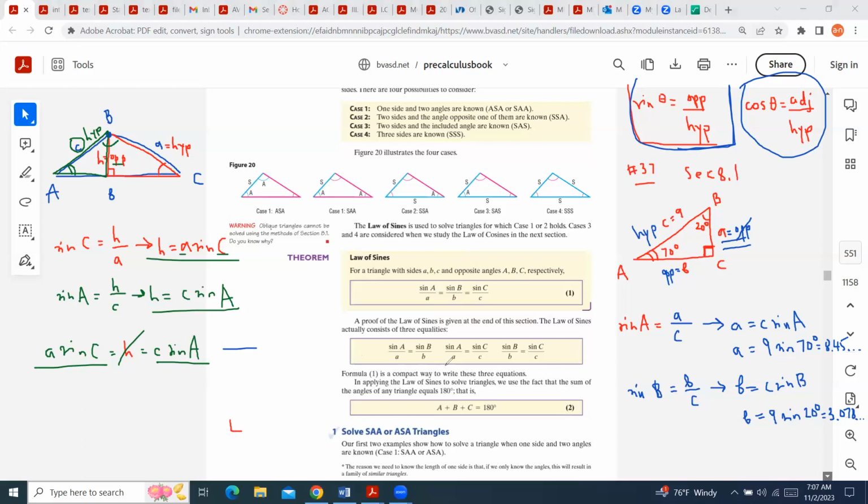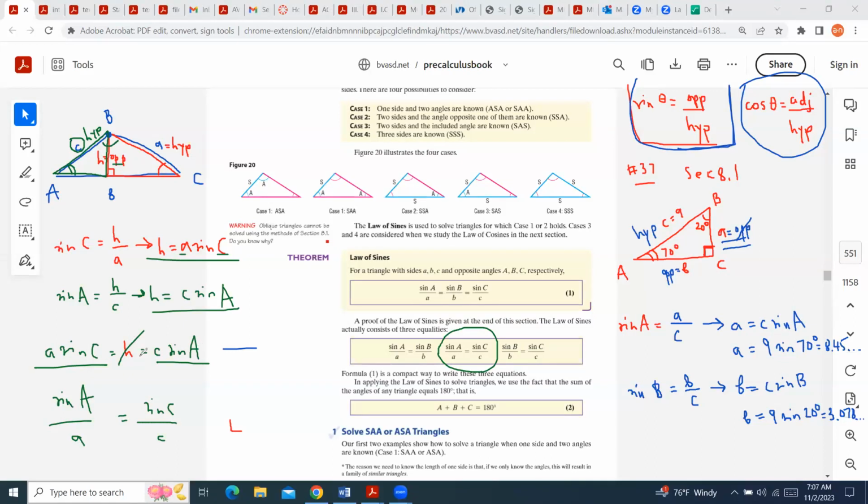In fact, I proved one with A and C. You can write it differently. You can write sine A over A is equal to sine C over C. How can you make sure that this is correct?